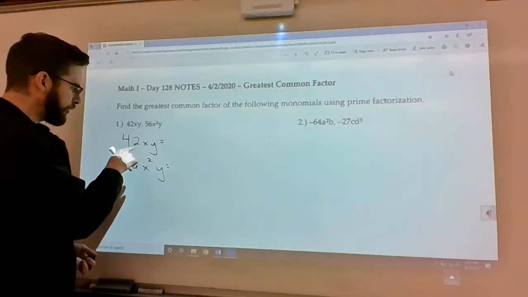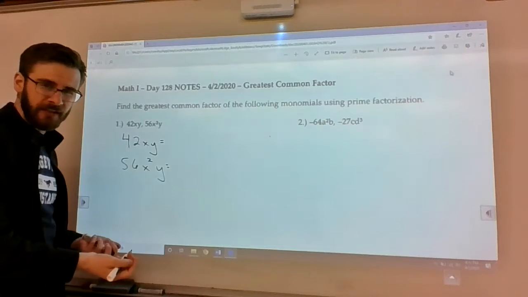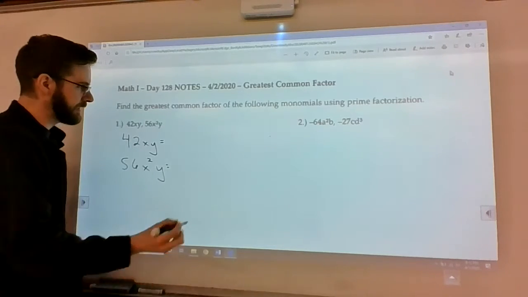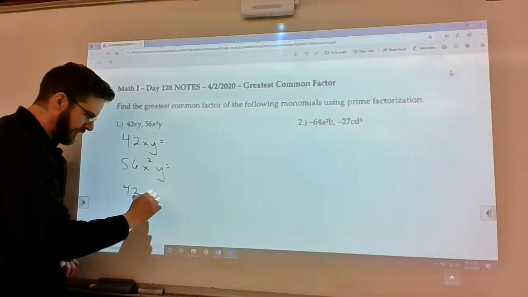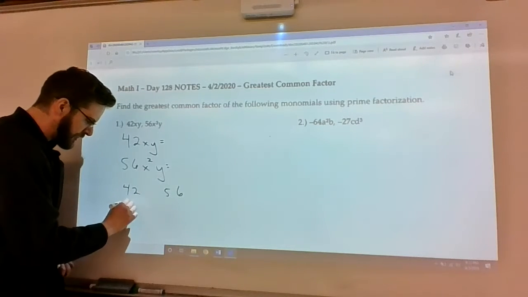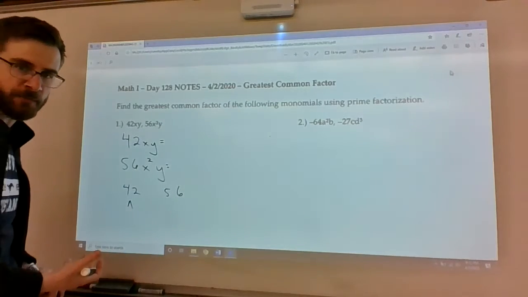So 42xy. You guys might need to use the factor tree for some of these. Some of them you might be able to do in your head. I'll just show you the factor tree way so that there's no confusion. So 42. Remember, I talked about just cutting things in half when you can, since 2 is a prime number.